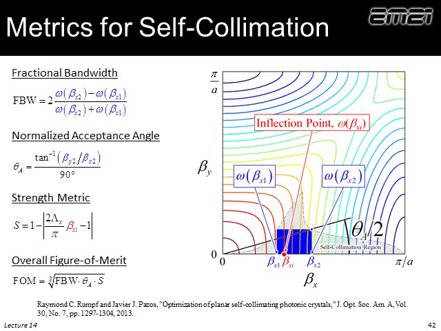One is the fractional bandwidth: over what bandwidth will this self-collimate? Another is the acceptance angle. A beam wants to diverge, and there's a certain cone of angles beyond which it won't self-collimate. Then there's something called a strength metric, which we'll get to. And then we can tie all these together in a single overall figure of merit.